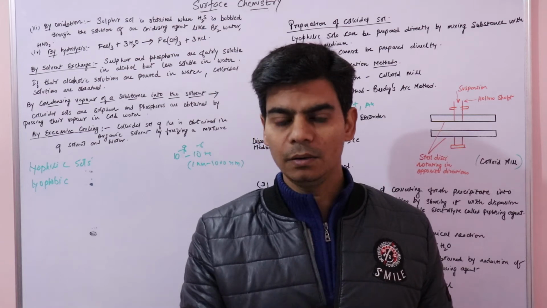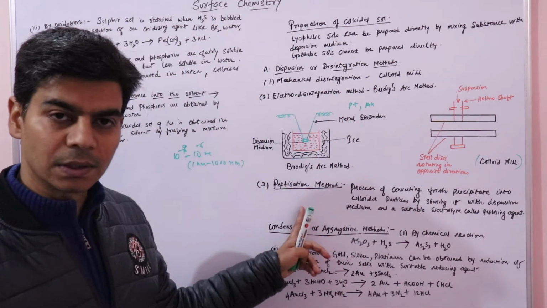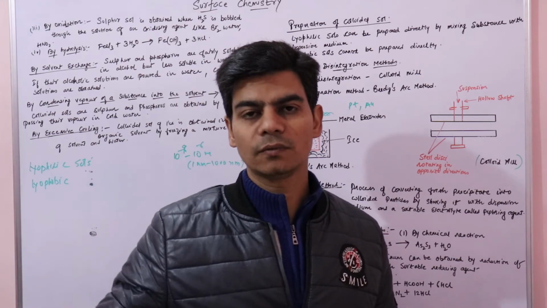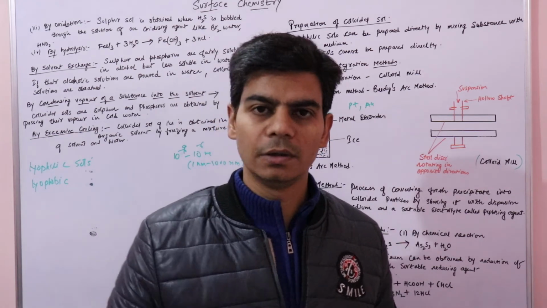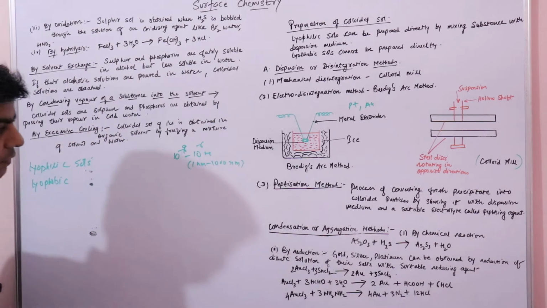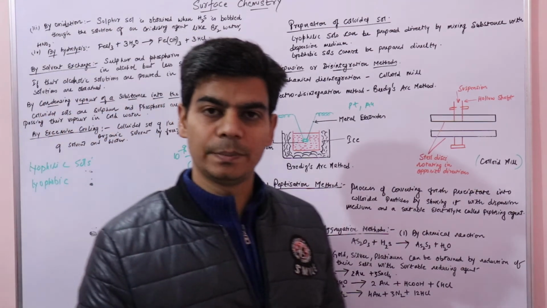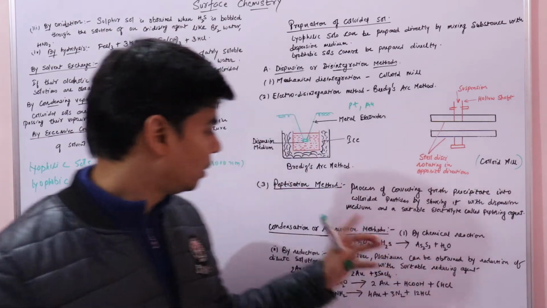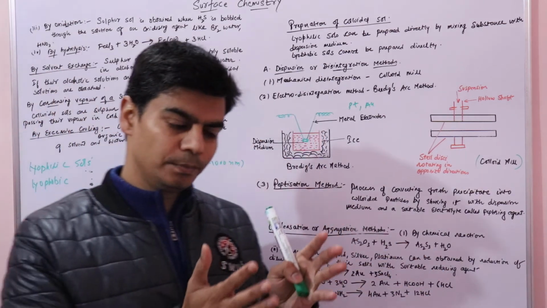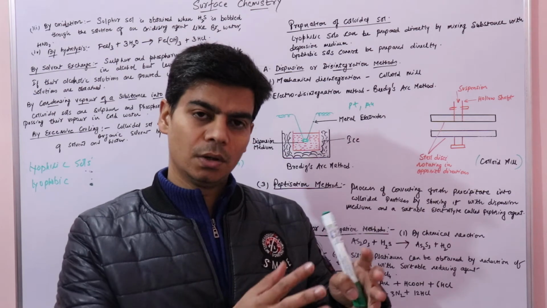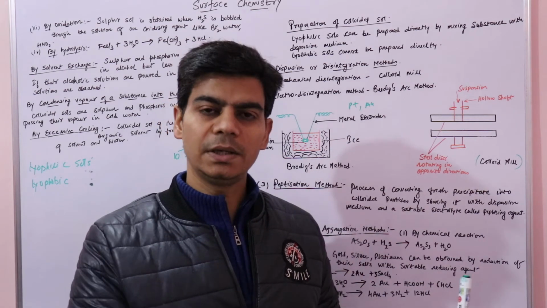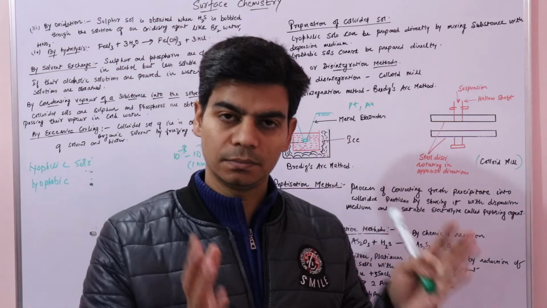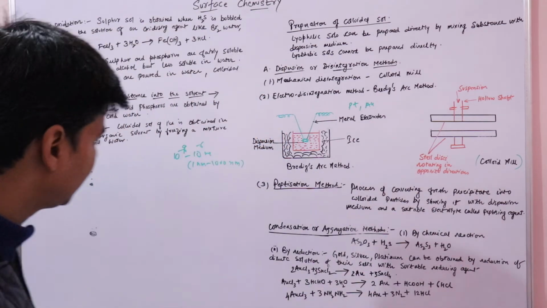Then using this peptization method, we will break that precipitate into particles of smaller size of that colloidal range. We take freshly prepared precipitate because it is easy to disintegrate freshly prepared precipitate to obtain the colloidal size particles.